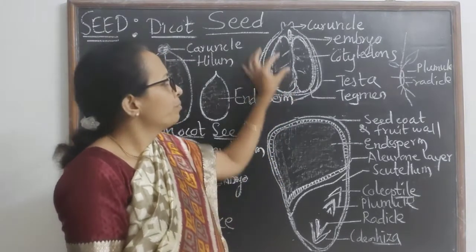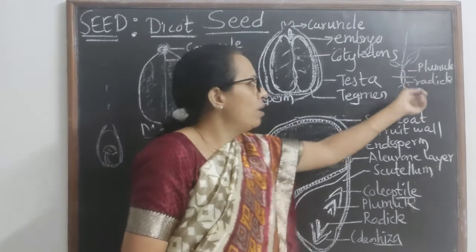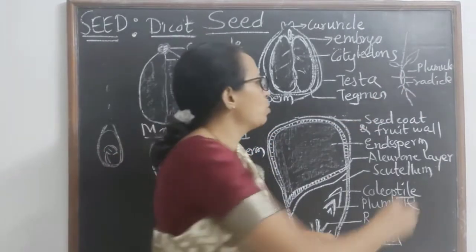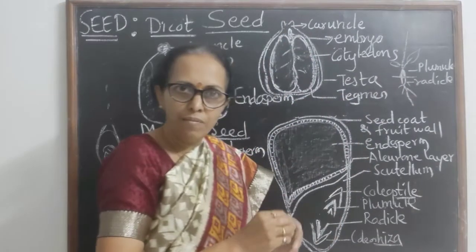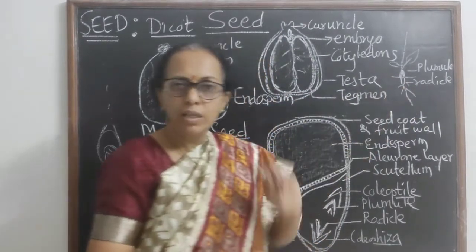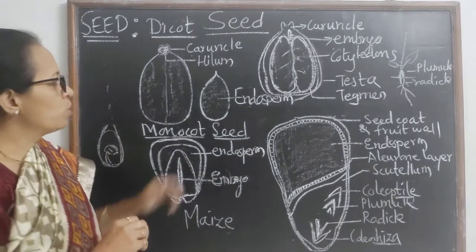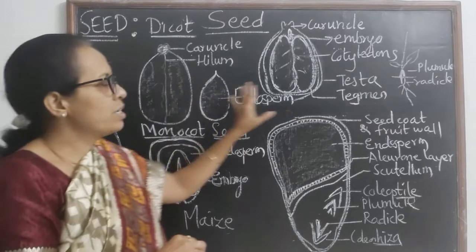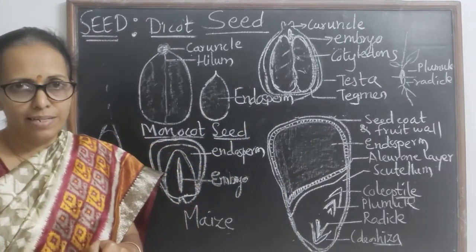The embryo axis is formed by the plumule and radicle. The plumule is going to give rise to the shoot system after germination, and the radicle is going to form the root system of the plant, that is below ground level. So this is the common structure which we observe in dicot seeds.